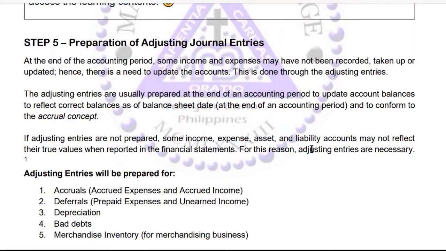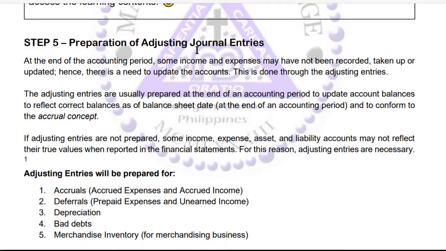But the trial balance is not yet presumably complete or correct because there are items there that may have been recorded, but we need to adjust them at the end of the period for any expired portion or for earned portions. So that's why there is a need for adjusting entries.